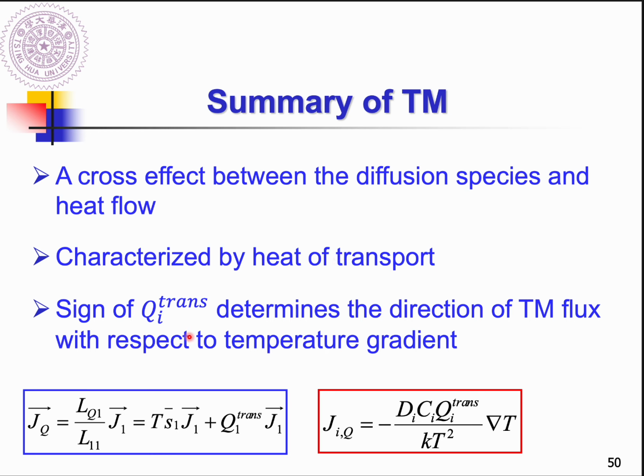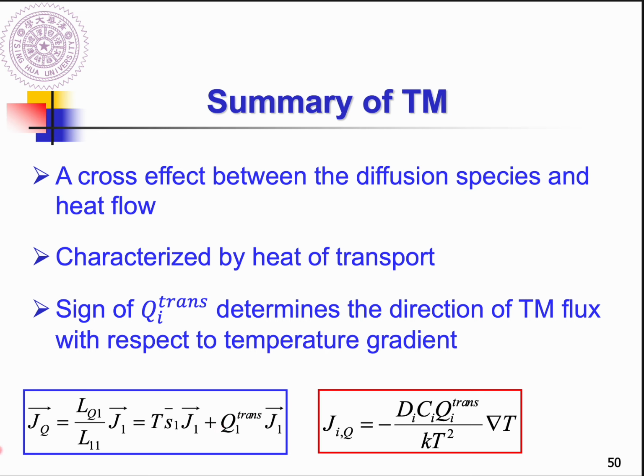And the sign of the heat of transport determines the direction of the atomic flux driven by thermal migration, with respect to the temperature gradient. Okay, so I just highlight some important equations.